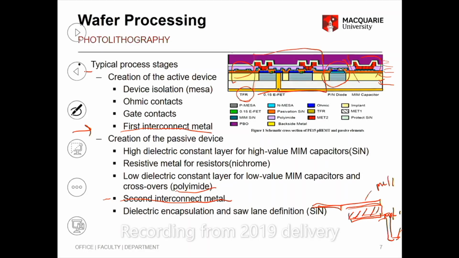Will the fab sometimes give you different options? No, actually, they will just give you one model. You will notice in the rules, they'll say the minimum and maximum you can go in terms of width, and you'll get a certain capacitance. And after a certain level, they might not use silicon nitride, they might use polyimide. You don't know that. That's the thing. So they'll control it in the process.